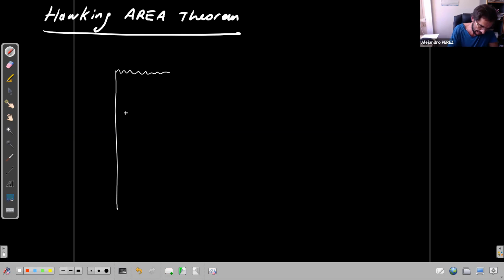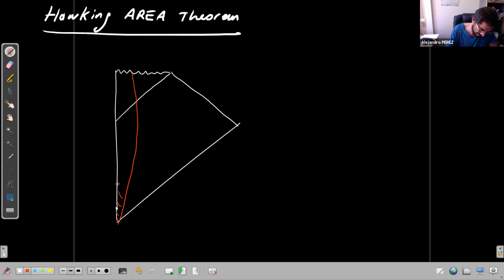So if you have a black hole space-time, an asymptotically flat black hole space-time, whose Penrose diagram, we said, in the physical situation is expected to look like this.